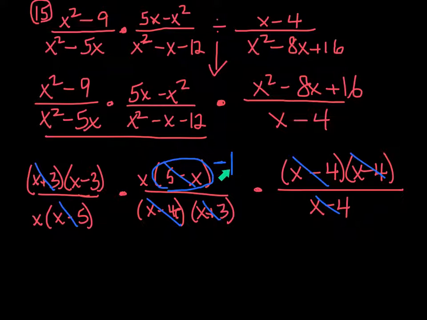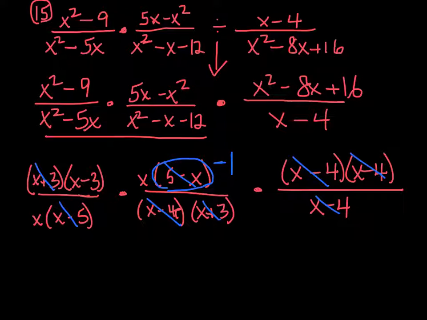So if I multiply this negative 1 through to this negative x, that becomes positive x. And that negative 1 through to this positive 5, it becomes negative 5, which matches this factor, and that's why we can cancel that.